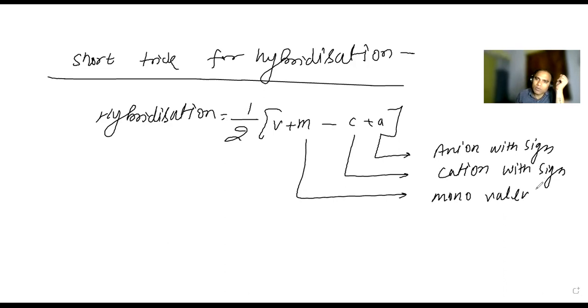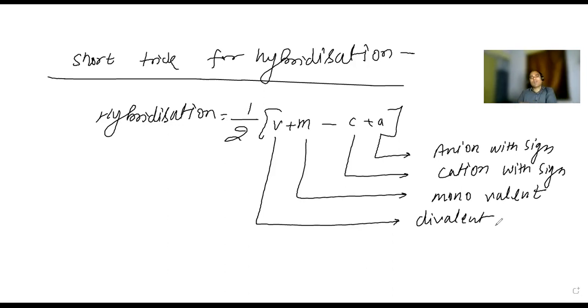And V is the number of valence electrons. Now suppose I am having CH4.